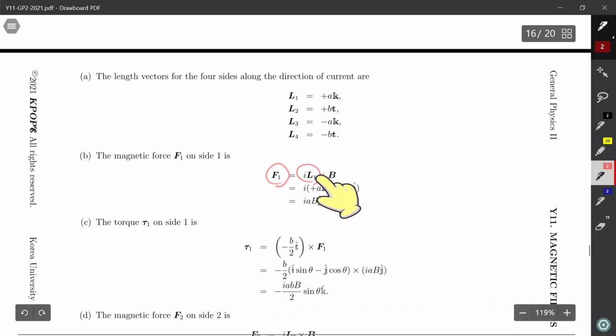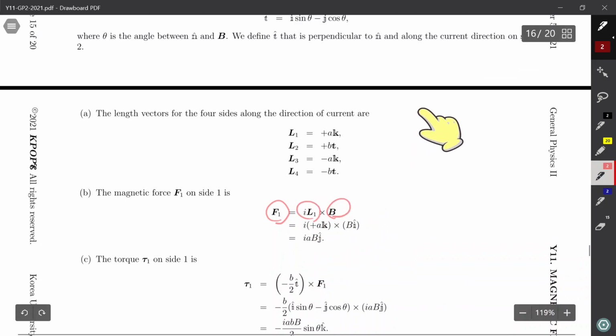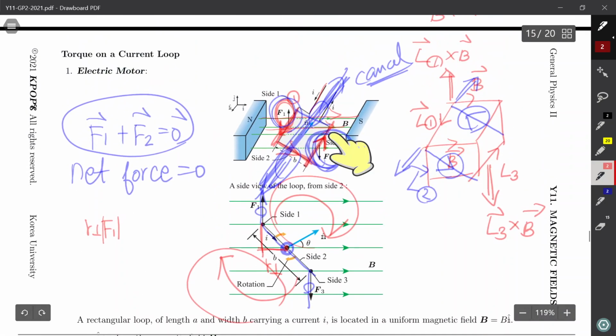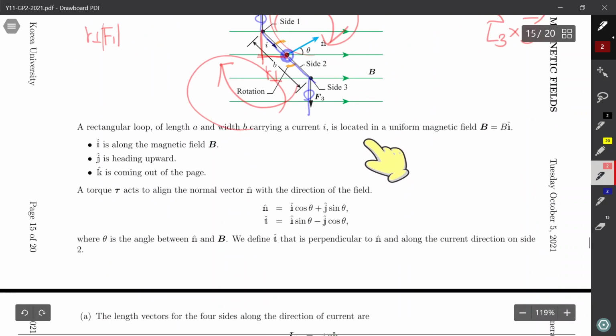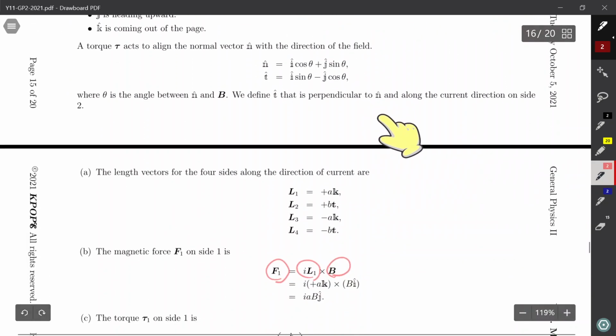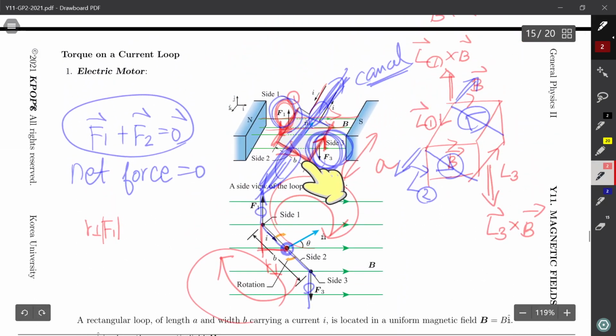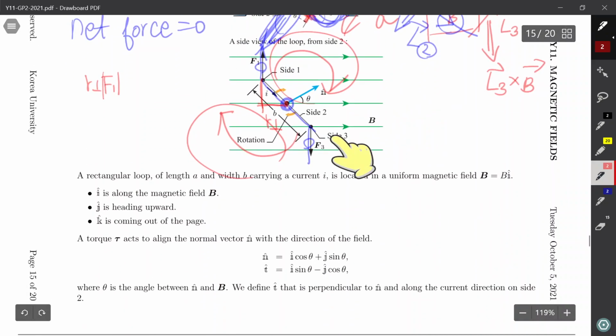F1 is I L1 B. L1, this length, is a. L2, this side 2, this length is b.